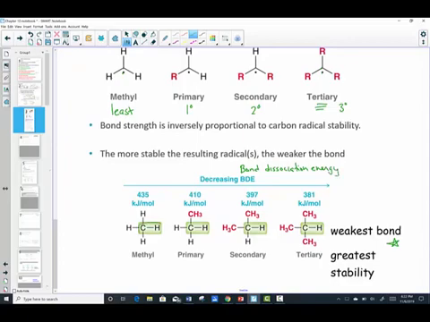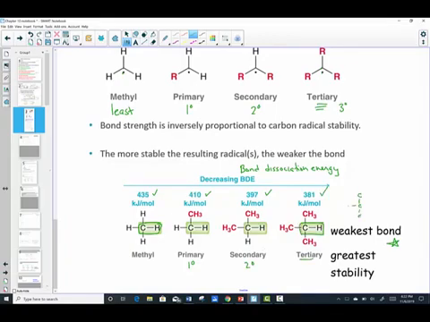Well, here the carbon to hydrogen in a methyl takes 435 kJ per mole. A little bit less in a primary, a little bit less in a secondary. And the lowest amount of energy needed to break this bond is found in a tertiary.